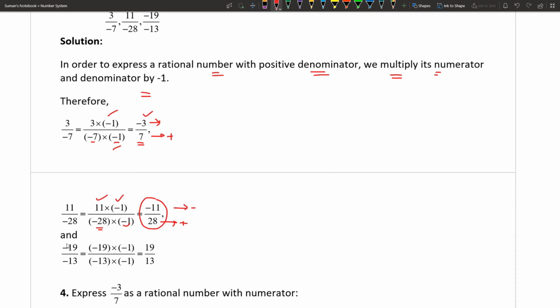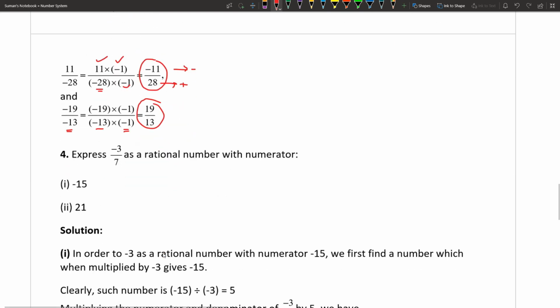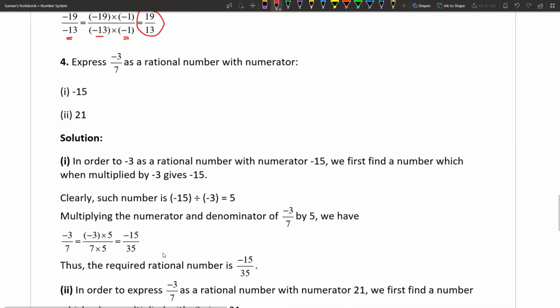And finally for minus 19 upon minus 13, the same process: we multiply the numerator minus 19 by minus 1 and the denominator minus 13 by minus 1. So we get the result 19 by 13, where both the numerator and denominator are of the same sign, that is positive.